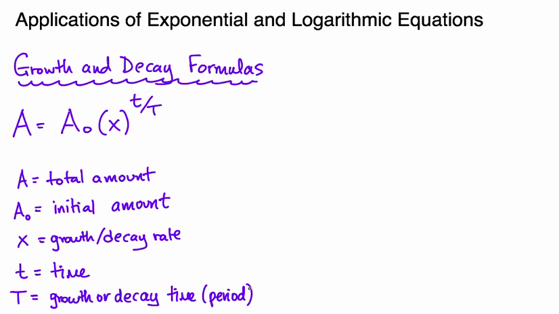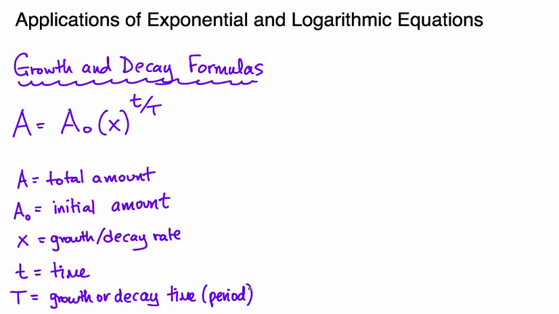Now there's another type of growth that we'll talk about in this unit, and that's continuous growth. So this first type of growth is at a rate that is happening every period. So every month or every year, every second, every 10,000 years.